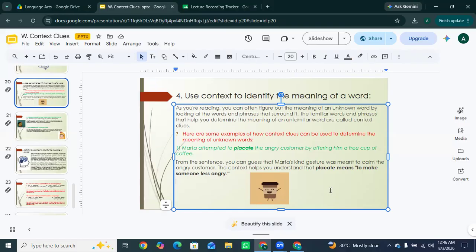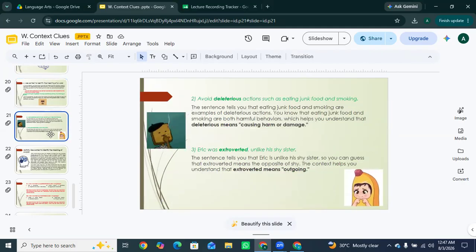So the target word is placate, and the context clue is offering a free cup of coffee to an angry customer, a kind gesture meant to calm them down. So the exact meaning is that placate means to make someone less angry or to calm someone down. The next one is: avoid deleterious actions such as eating junk food and smoking.